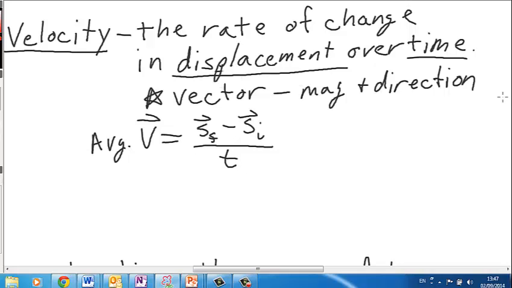Okay, so both speed and velocity, because it's some distance over time, can be expressed in units of distance over time.